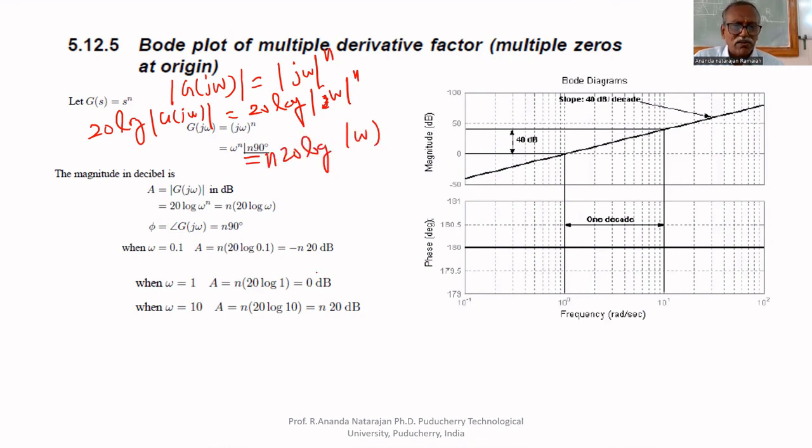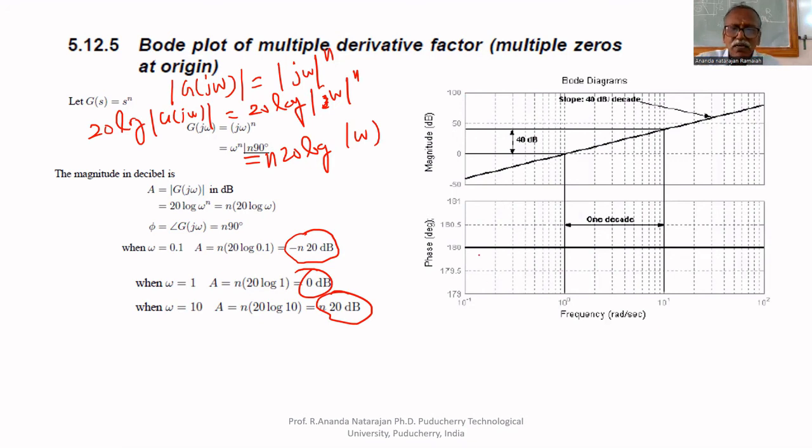When omega equal to 1, you get 0. When omega equal to 0.1, you get minus n 20. When omega equal to 10, you get n 20. So we have to multiply by n. If s is in the numerator, slope is positive. If s is in the denominator, slope is negative. That is the only difference.